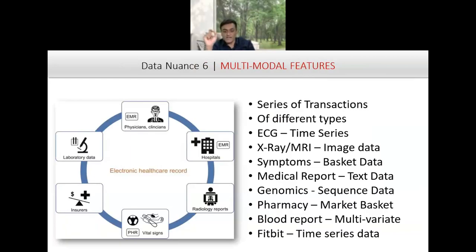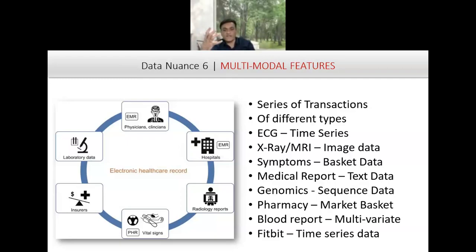Now the last slide I'm talking about is data having multimodal features. This is very important for an expert who is a machine learning expert or a data scientist interested in dealing with a multiple or multidisciplinary problem.